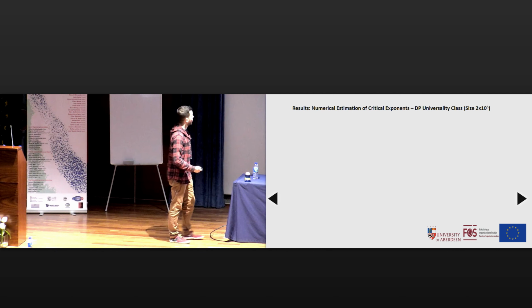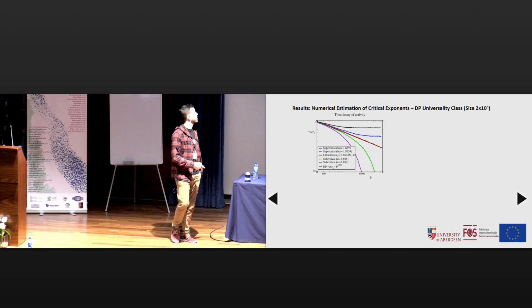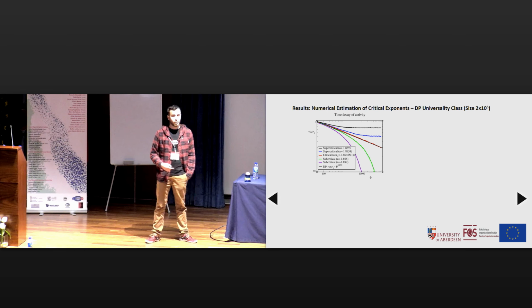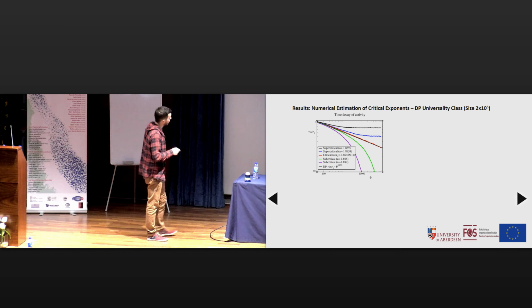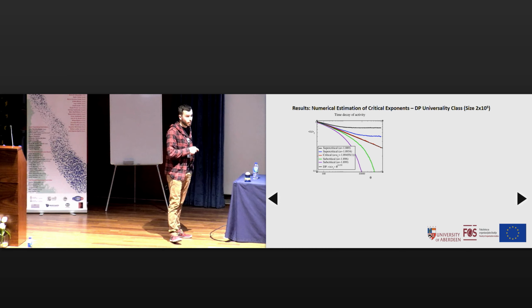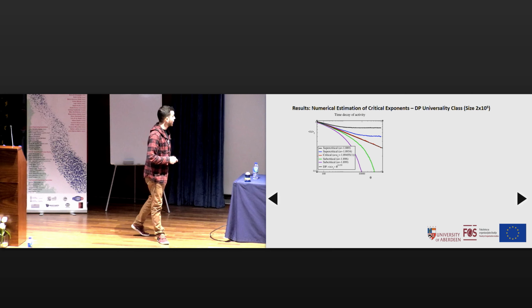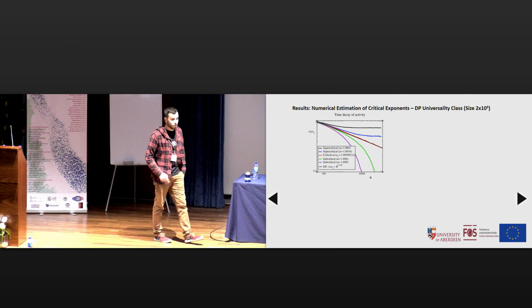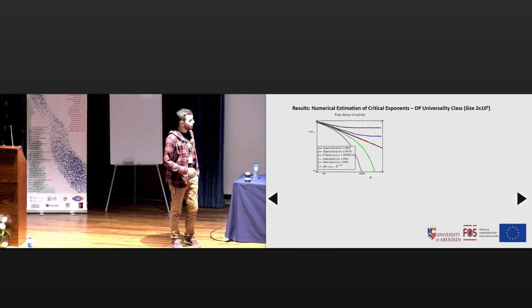So what I'm gonna do is calculate the critical exponents. The first exponent, the temporal decay, is reproduced well. You see the red one is my numerical data, and the black one is the DP class, and there's a really good compatibility between the two.